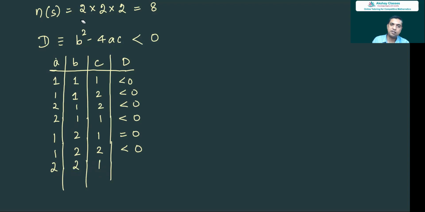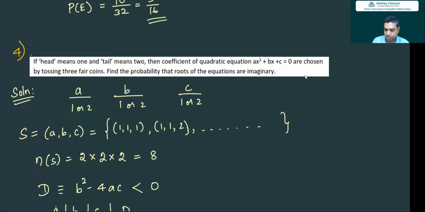So of the 8 cases, the discriminant will be negative in 7 cases. So roots are imaginary.